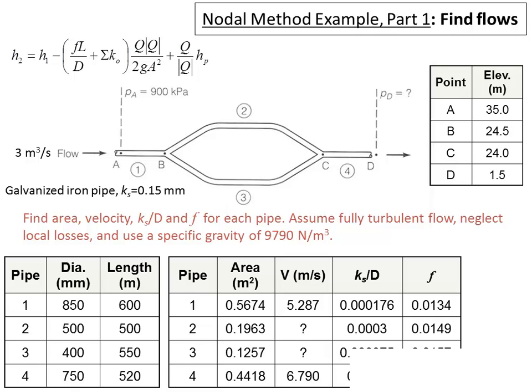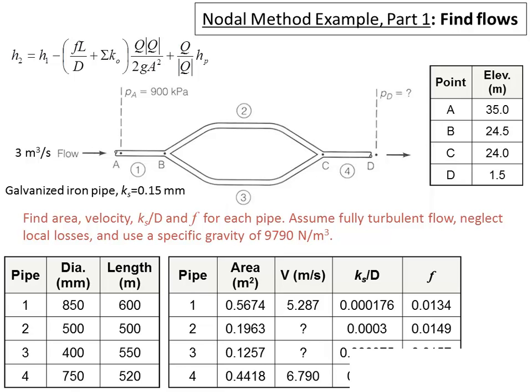So in this example problem, what we first did was apply the fully turbulent flow assumption and found f2 is 0.0149, f3 is 0.0157. And then we set these two expressions equal to each other and solve for V2.